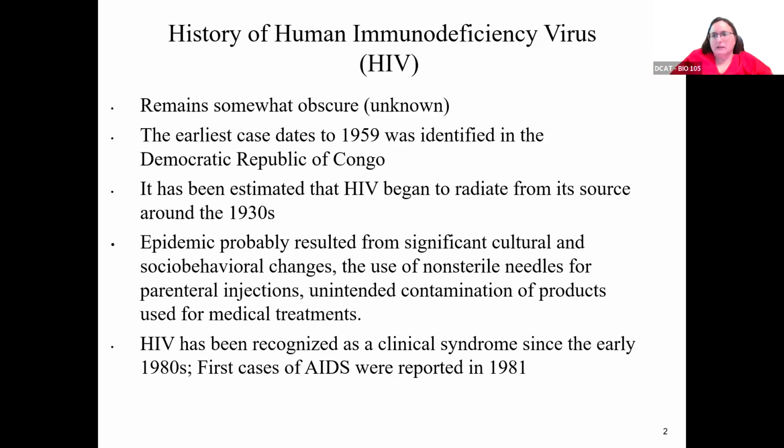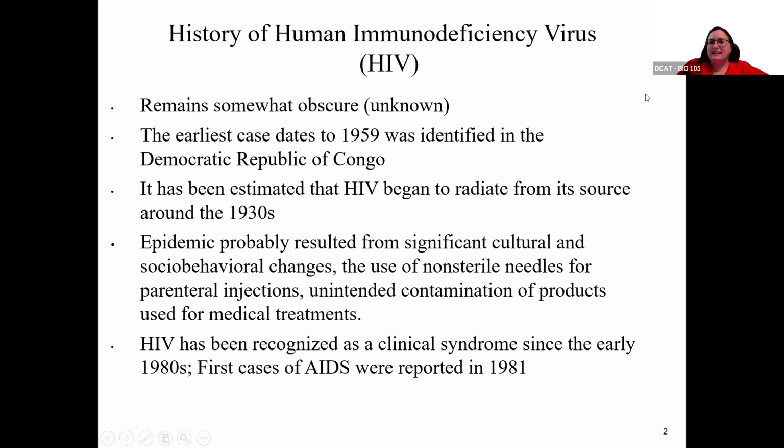Okay, so the epidemic probably resulted from significant cultural and social behavior changes. What do they mean by that? A lot of y'all are young, but I lived through the 80s because I was born in the early 70s.